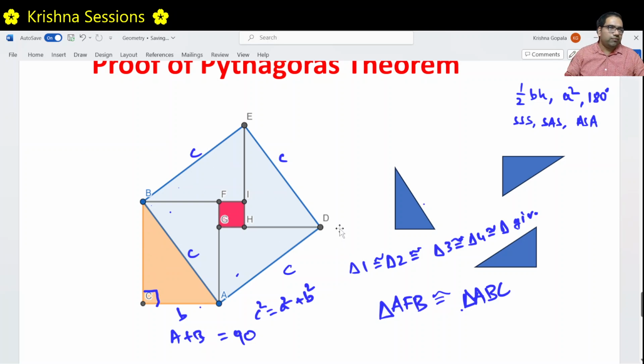This one, we have already figured out two angles are same, right? If this is B, then this is A, and this is B again, and this is A. What does that mean?